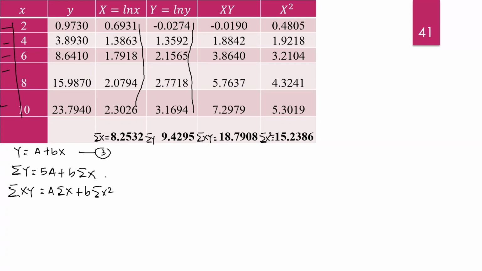So these are the equations. Suppose these are equation numbers 6 and 7.